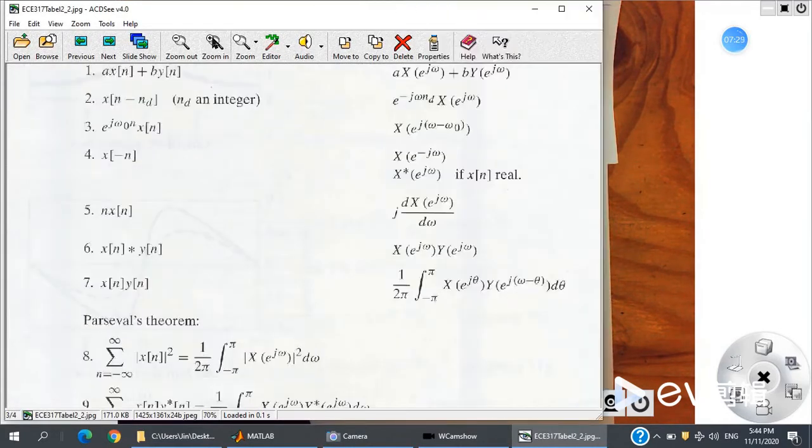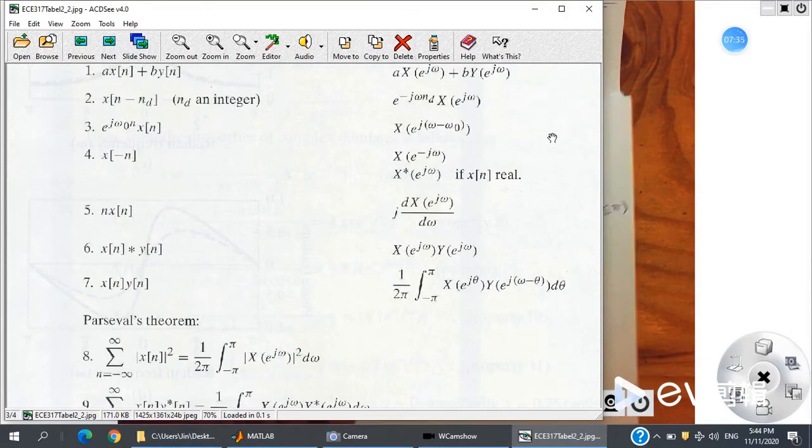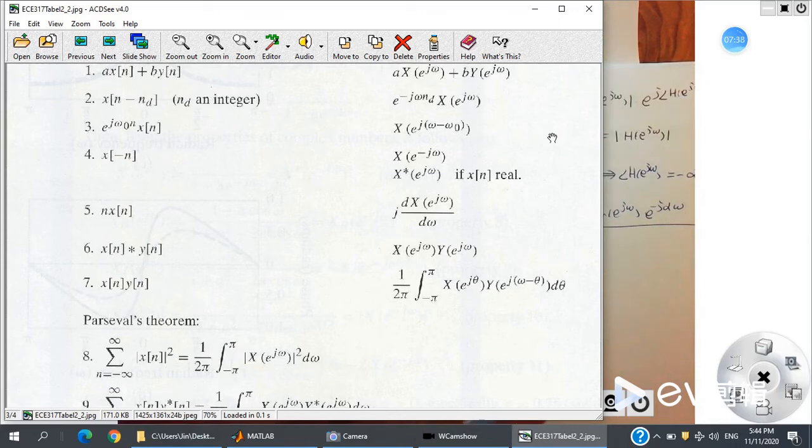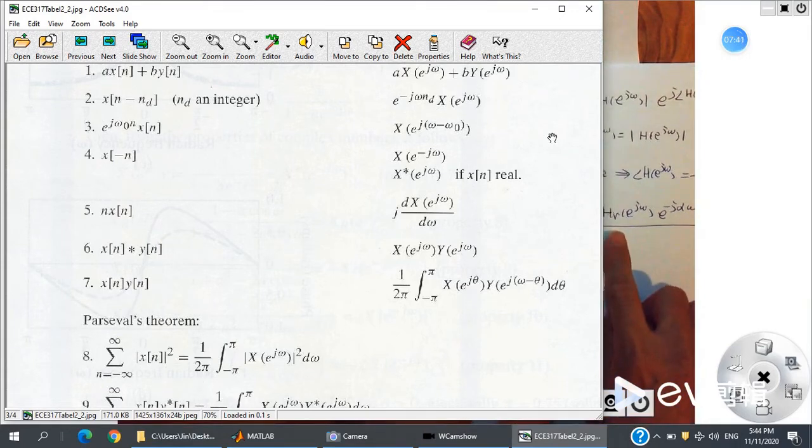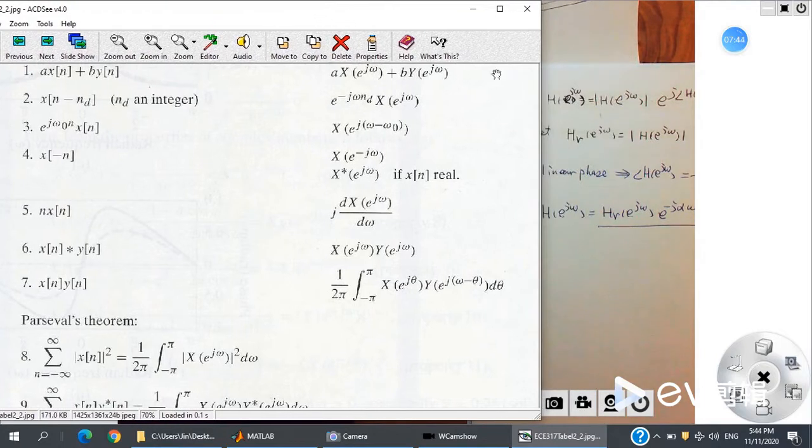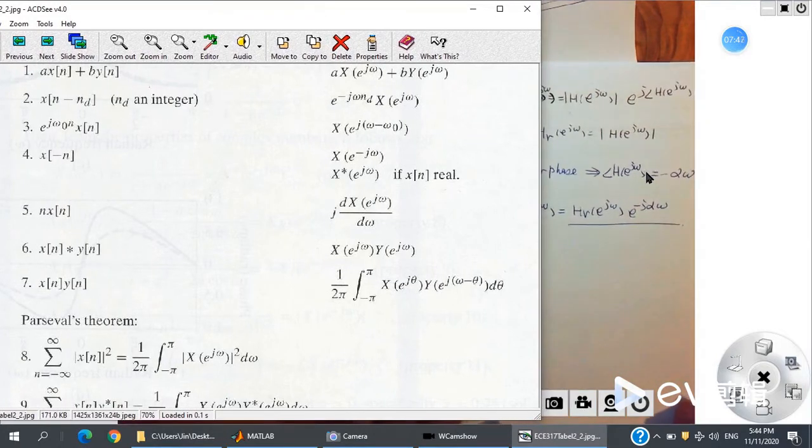Here I can see it is HR of e to the j omega, which you can see is just this capital H, then times e to the negative j omega alpha. This alpha is the same as this n d.